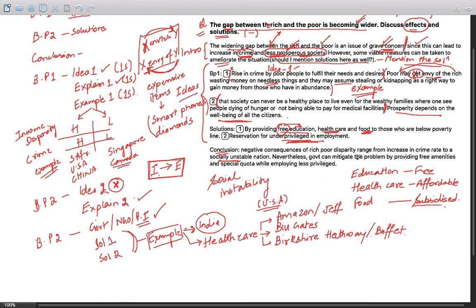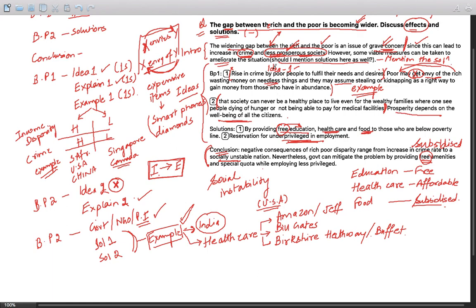Nevertheless, the government can mitigate the problem by providing free amenities or subsidized amenities, not necessarily free, subsidized amenities and special quotas while employing less privilege. So the conclusion is fine, could have been made better, but there are larger points of concern over here. An example, particularly, and maintaining the right order of idea and explanation.